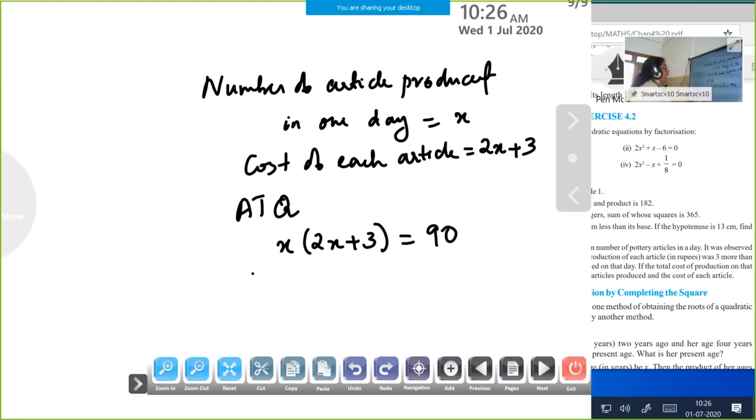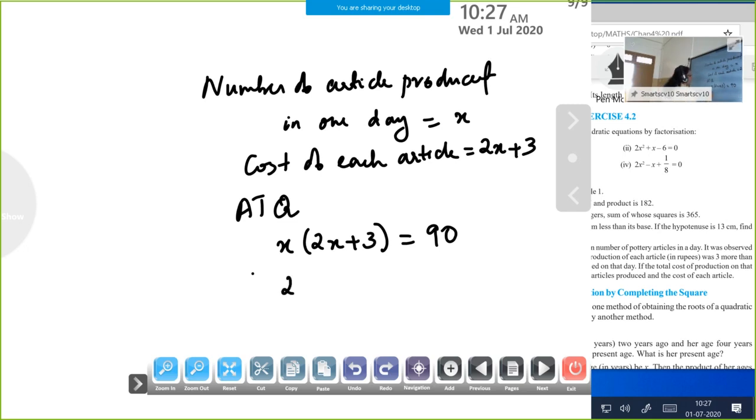The number of articles is x and the cost of one article is 2x plus 3, so the cost of production is x into 2x plus 3, number of articles into cost of one item, equal to 90.